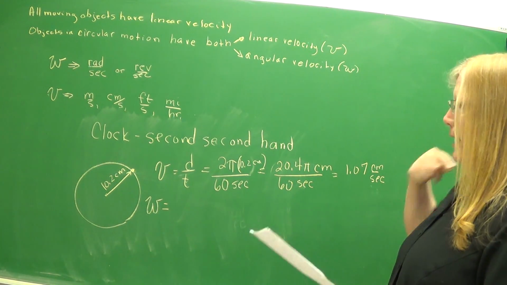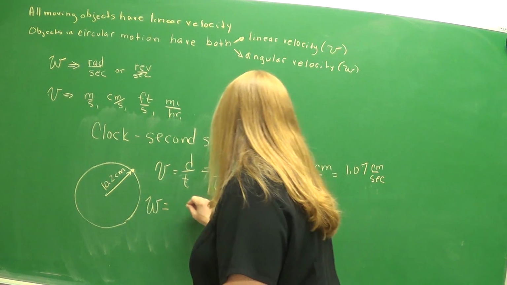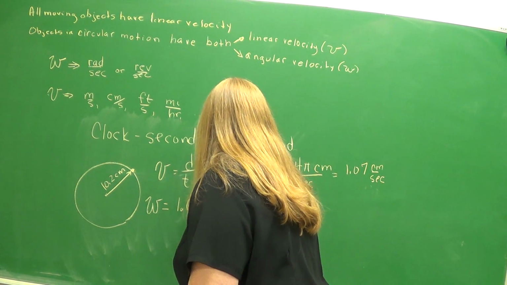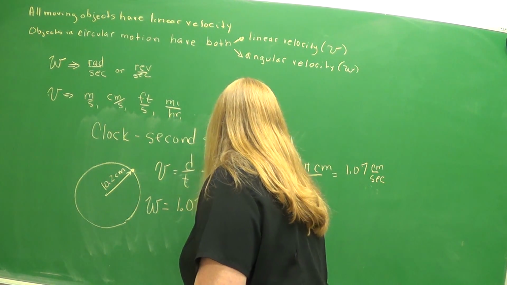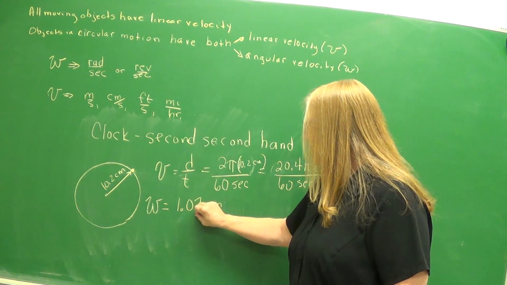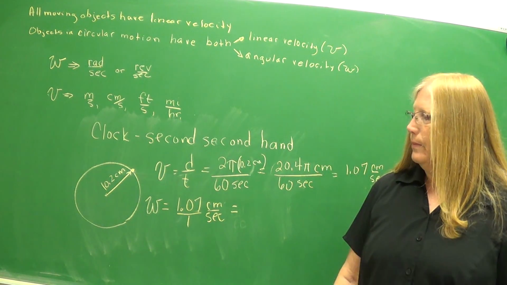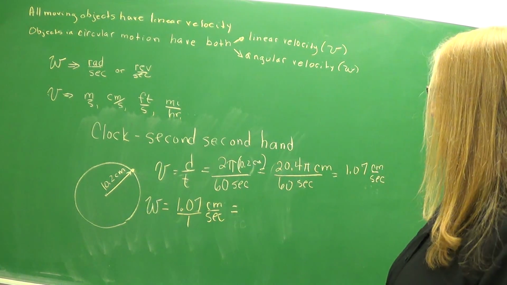So right now we're sitting at 1.07 centimeters per second. Notice centimeters is in the numerator along with the 1.07. I'm going to put it over 1, and that will give me seconds in the denominator.